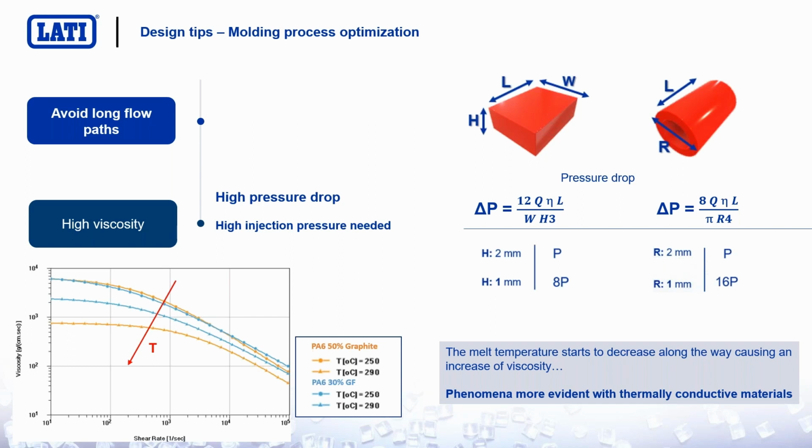The decrease of temperature causes an increase of viscosity of the material, and this phenomenon is more evident with thermally conductive materials, since they cool down much faster than standard grades.